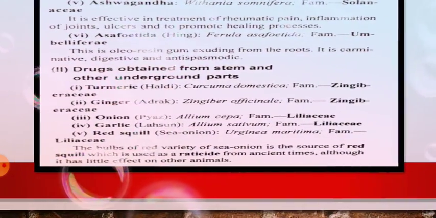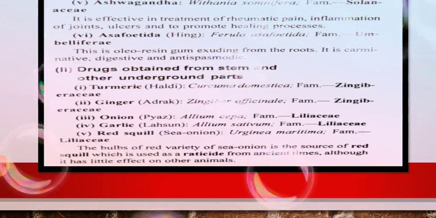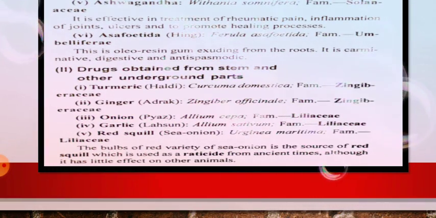So these are some medicinal plants, or drugs, obtained from the roots. Then comes the drugs obtained from the stem and underground parts. In the case of underground stems, it may be ginger, turmeric, onion, all those things. Let's see the different types of drugs obtained from underground parts or stems.